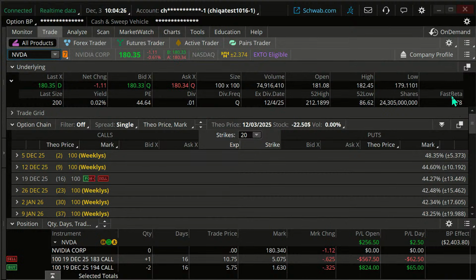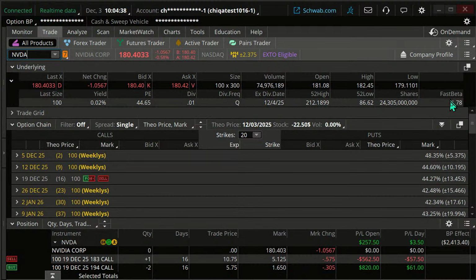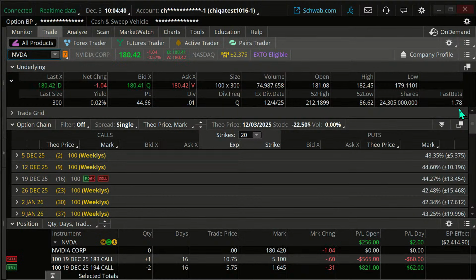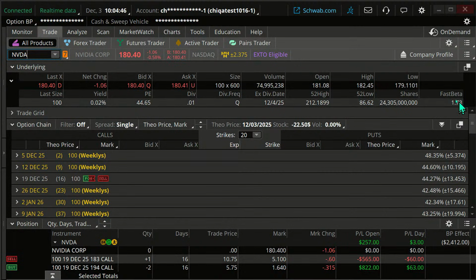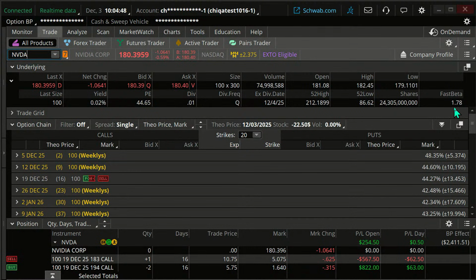It's basically how much is this stock likely to move in relationship to a 1% move in the S&P 500. A beta above 1 would mean that it moves more than the S&P 500. In other words, about 1.8 times as much as the S&P 500 moves.